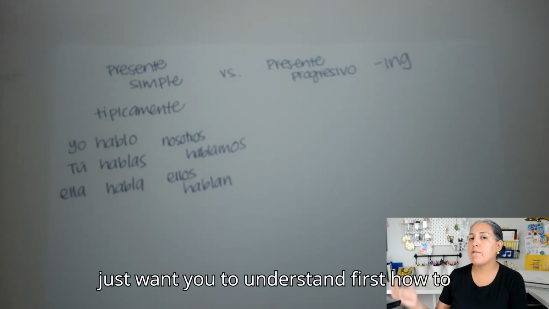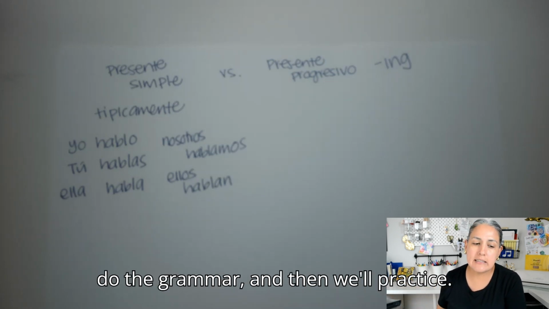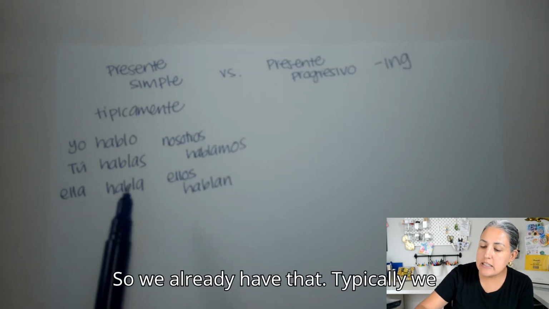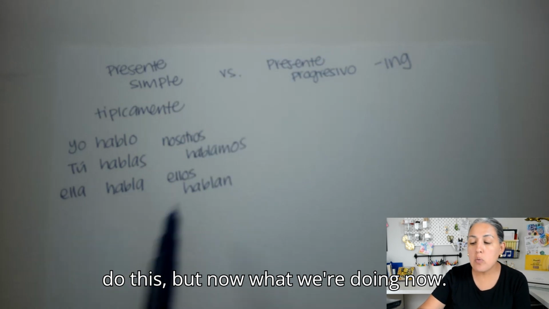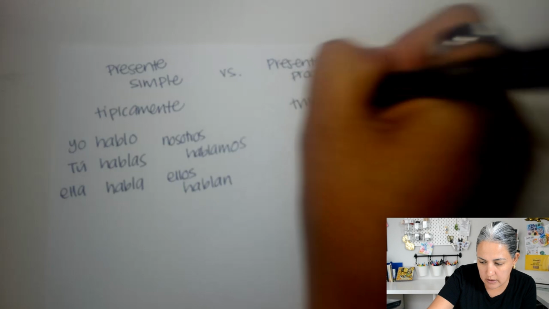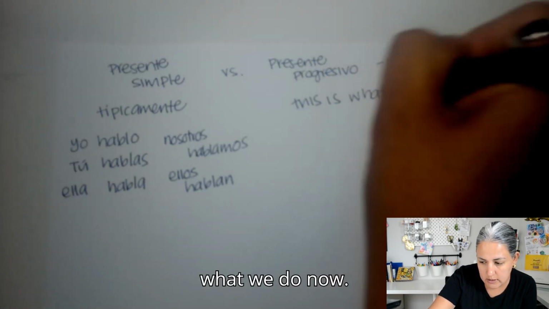I just want you to understand first how to do the grammar, and then we'll practice. So we already have that. Typically we do this, but now this is what we do now.